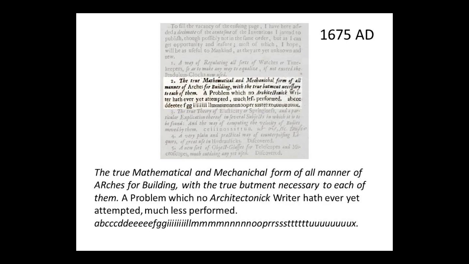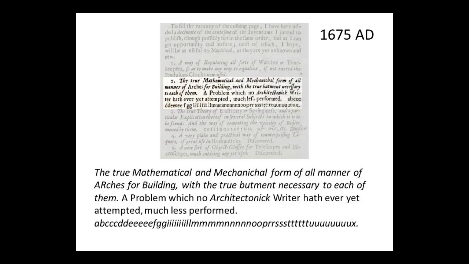Look carefully at the content of the publication. It's just a paragraph, no? He said, the true mathematical and mechanical form of all manner of arches for building, with the true battlement necessary to each of them, a problem which no architectonic writer had ever yet attempted, much less performed.